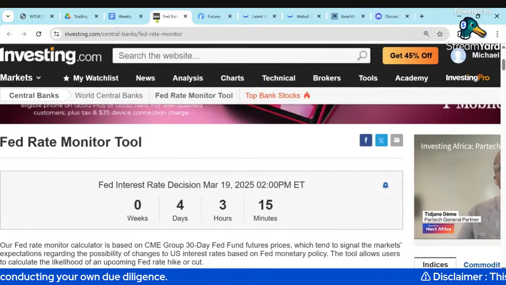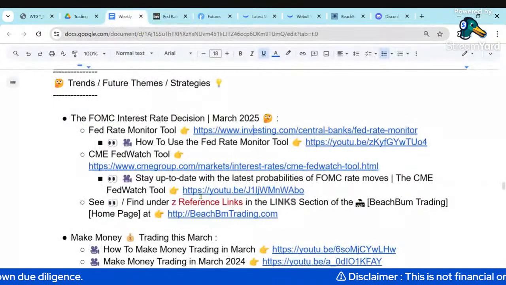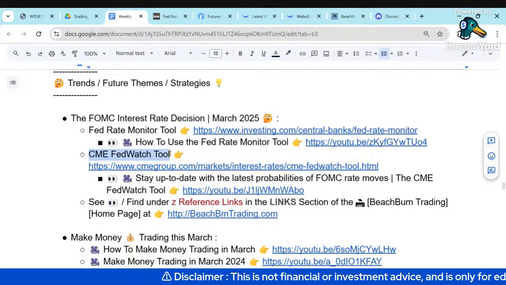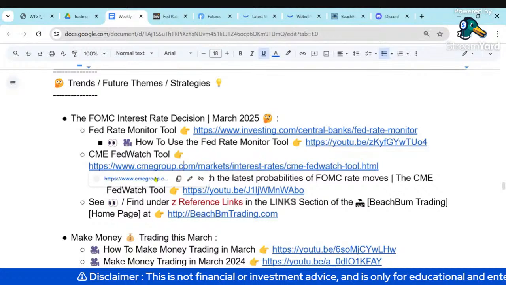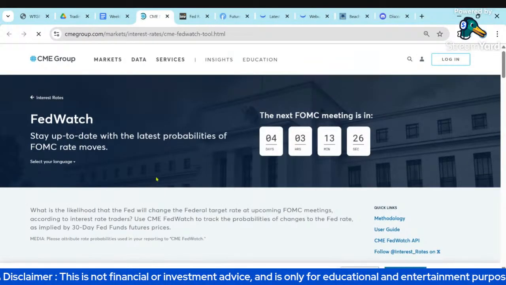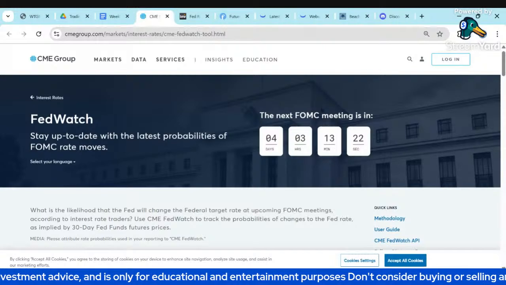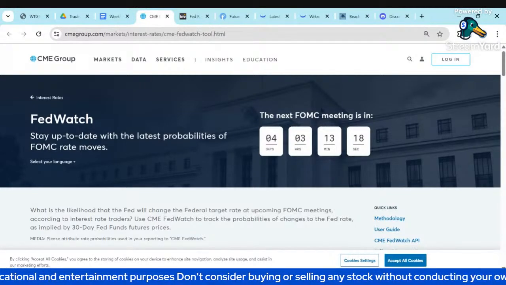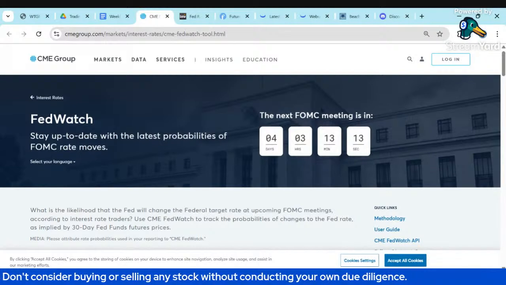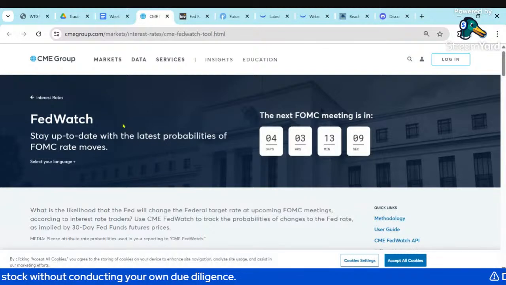So let's also look at the CME FedWatch tool. So here's also the CME FedWatch tool.